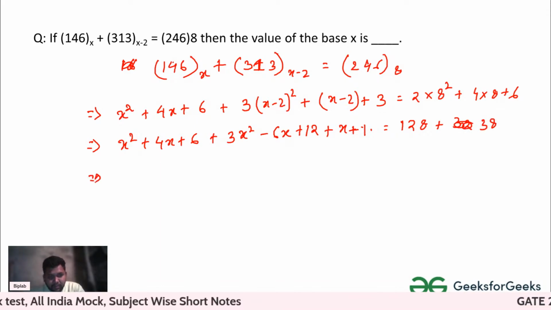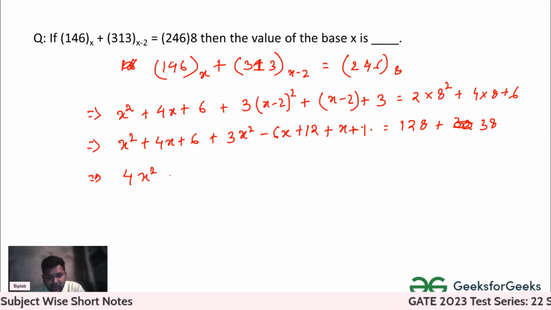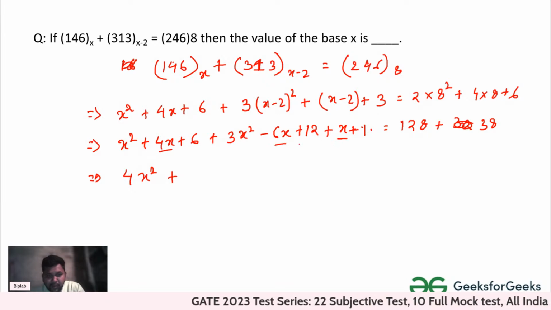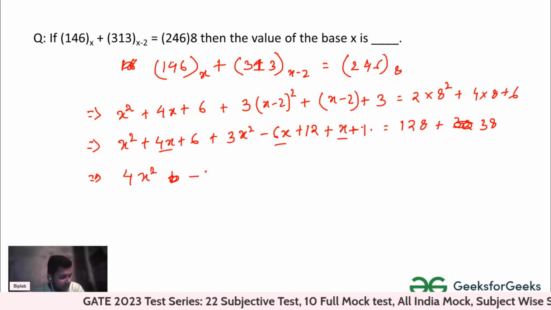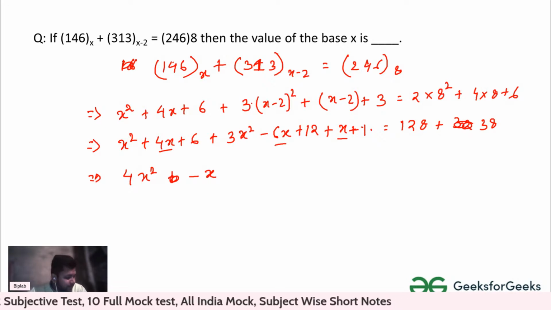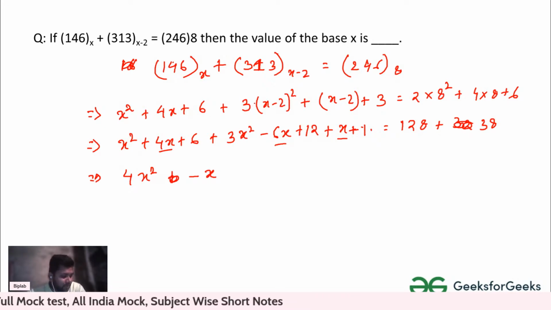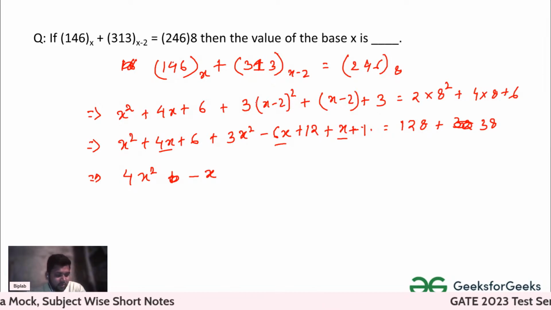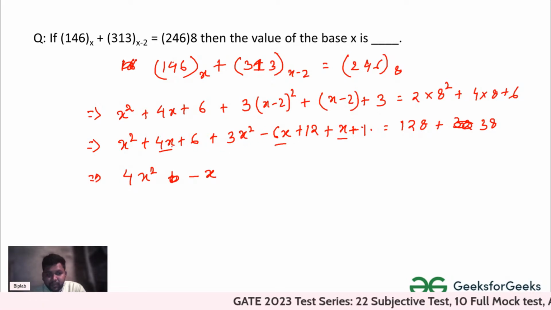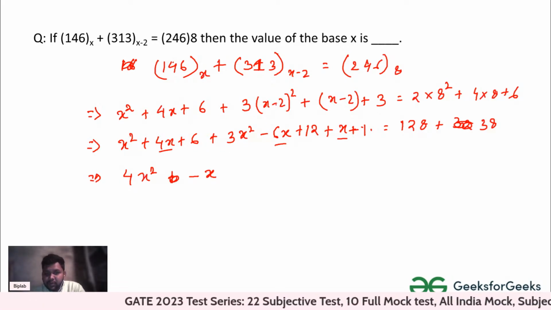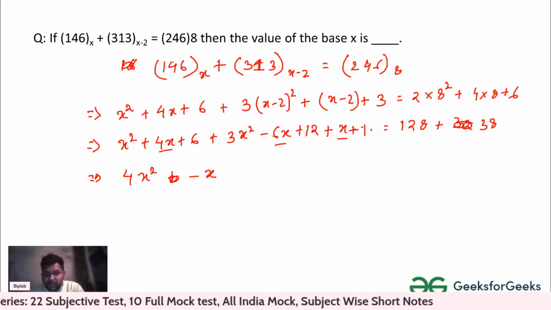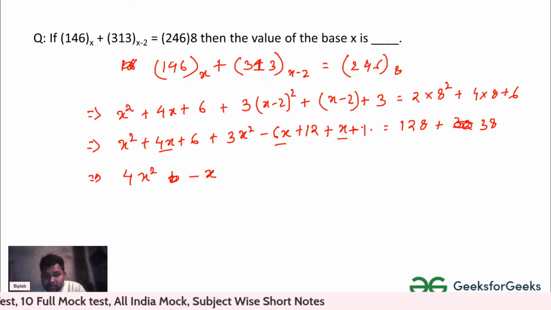Okay, so you have 4x squared plus 4x minus 6x plus x. So 5x minus 6x, that is minus x. Am I right or am I doing anything wrong here? So plus 4x, and x minus 2 whole squared, so you will get minus 6x, and also here it is plus x.